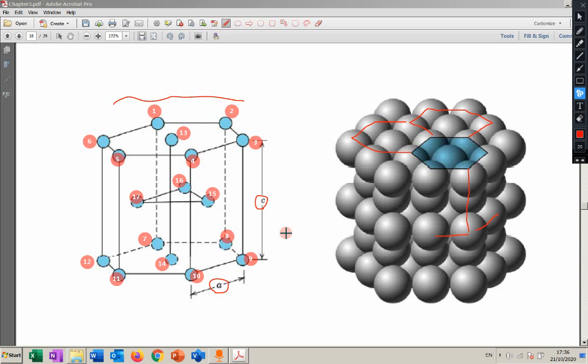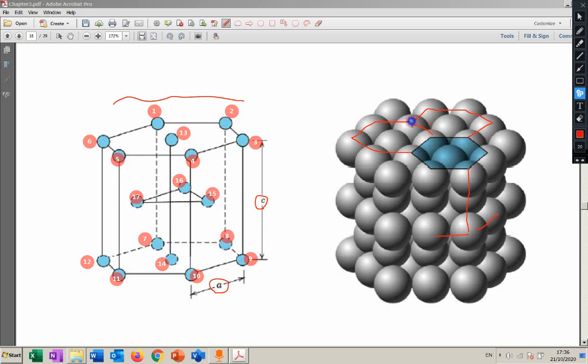Why? Because not all of them are exactly inside the hexagonal. Remember, from the cubic, we said that the corners will be shared between 8 cells. Now here, look at this corner atom. There are 3 here, 3 here, and 3 above, yes?